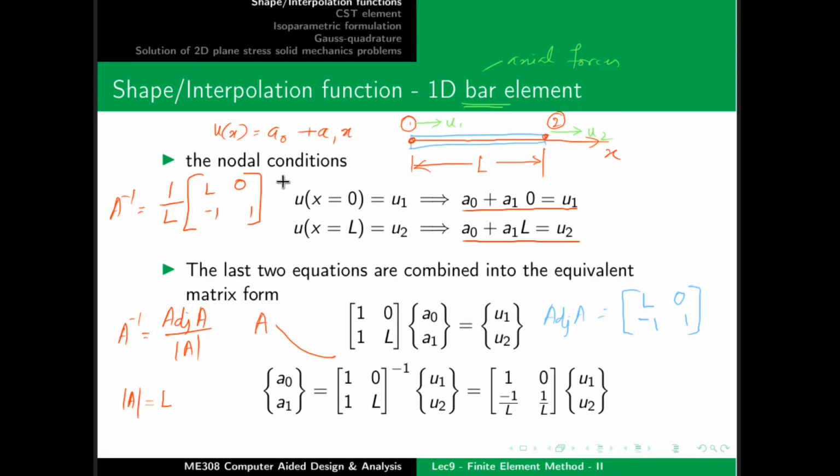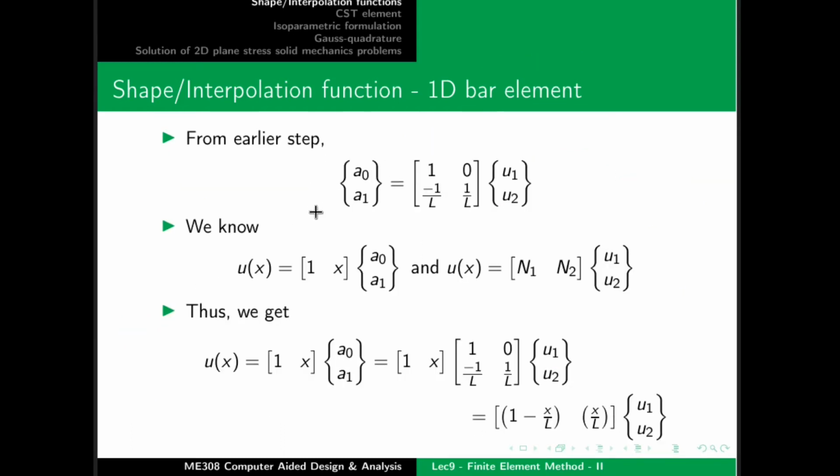So A inverse is L by L, that is 1, 0, here minus 1 by L and 1 by L. That is the inverse matrix that I have written here. So a0, a1, this matrix can be represented as the product of these two matrices.